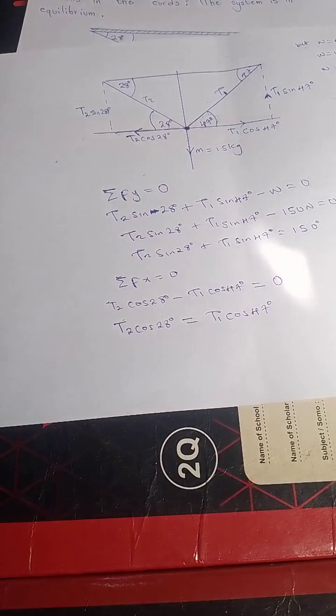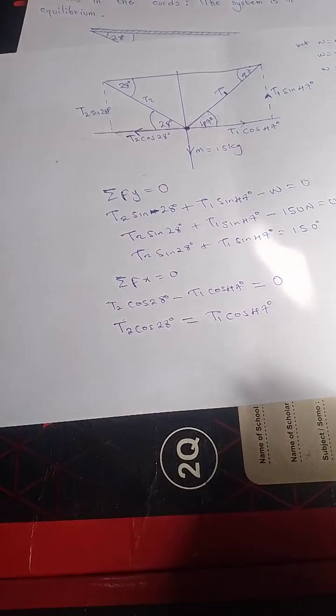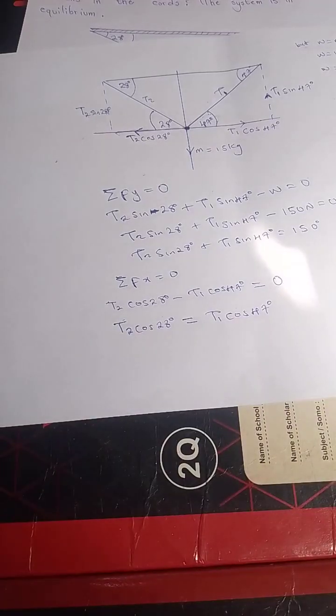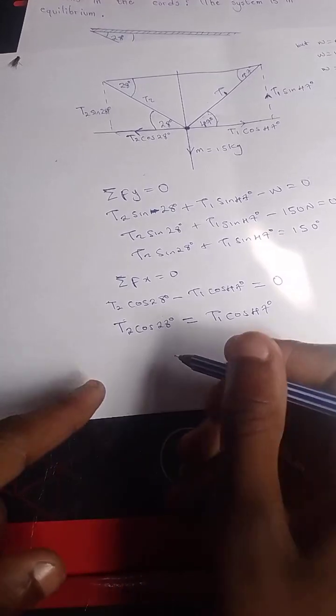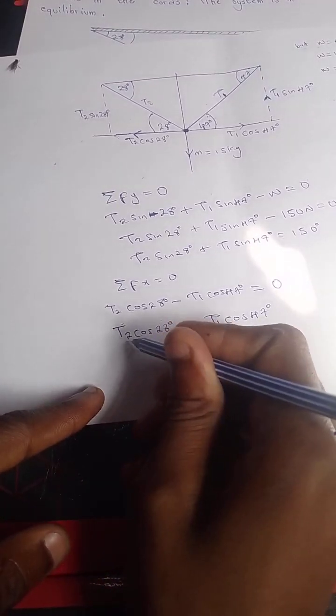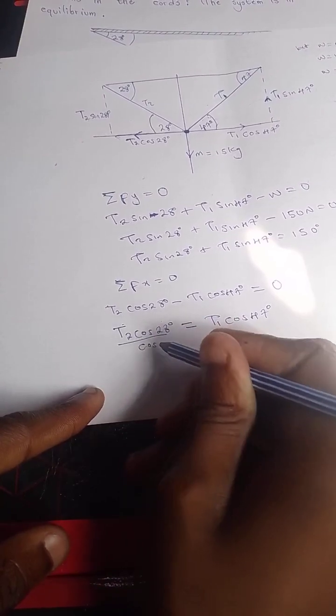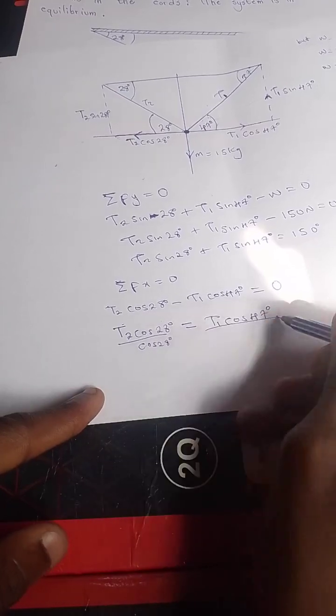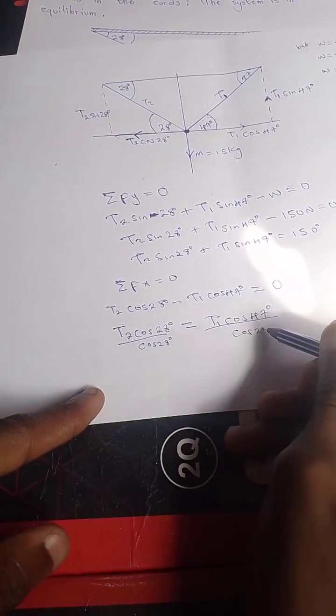So now we have two equations, the first one and the second one. This implies that we need to solve the two equations simultaneously. So let's divide by the cos of 28 degrees on both sides.